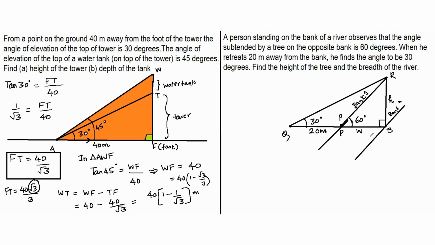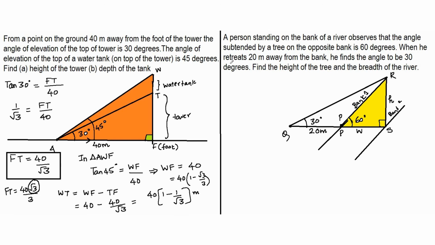Now let's take a look at the second one. So this is a typical example where you have two variables, W and H, and therefore to solve a two variable problem we need two equations. The first equation can be built using triangle PSR.